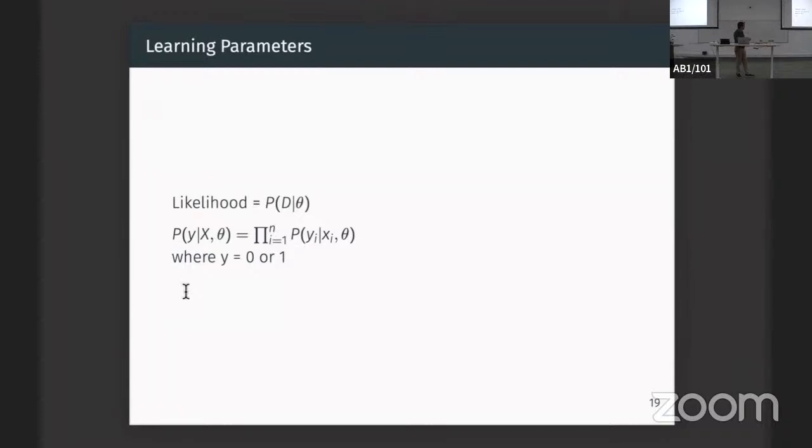So we can break it down as the product of probability of yi given xi and theta. Now, if we can figure this expression out, we are done, right? Here y is either 0 or 1, so the true value is going to be either 0 or 1. So I want you to think for a minute and see if you can write this expression. There is some notion of Bernoulli that we'll be using.